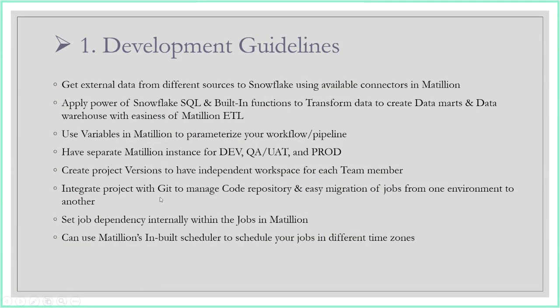So we'll see how we can do that in later part. Then set job dependency internally within the job in Matillion. Okay, so as I said, in the scheduler of Matillion, we cannot set a job dependency. So we can set the job dependency within the Matillion only. Then you can use Matillion's built-in scheduler to schedule your jobs in your different time zones.